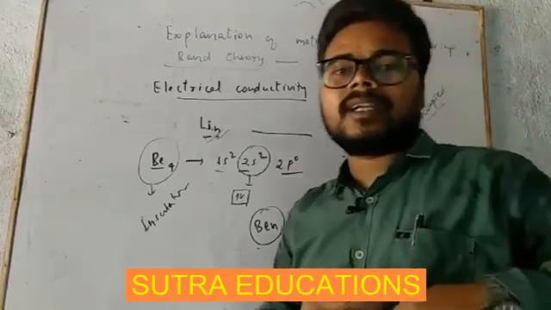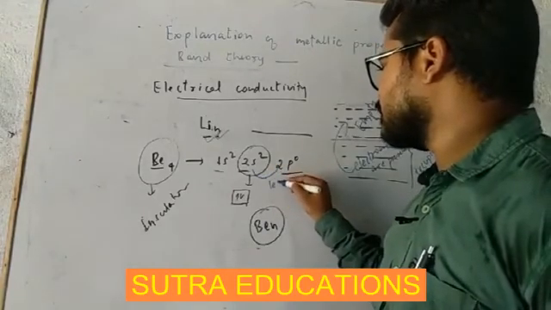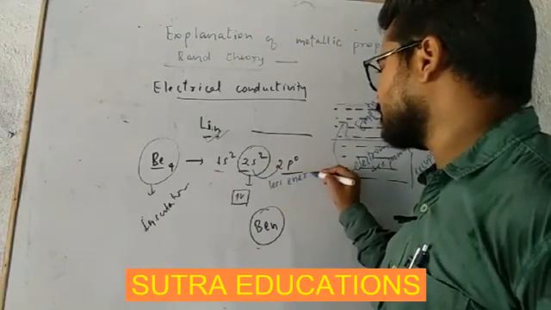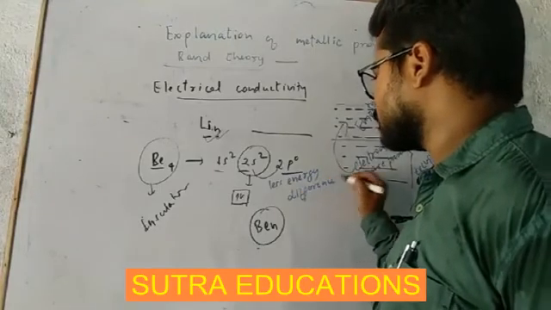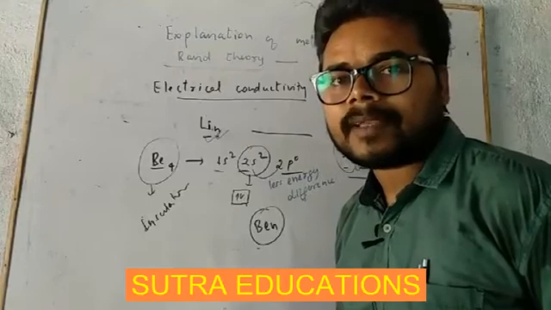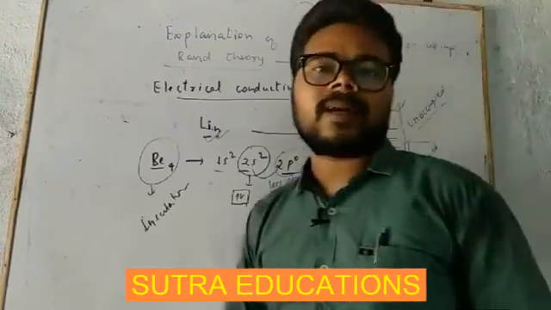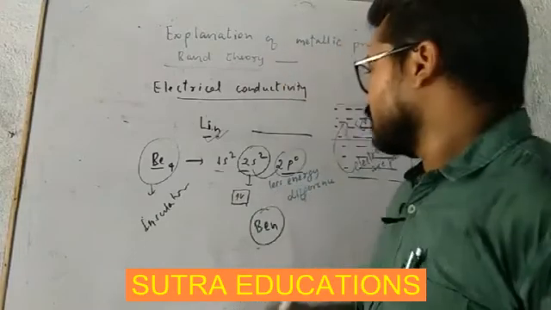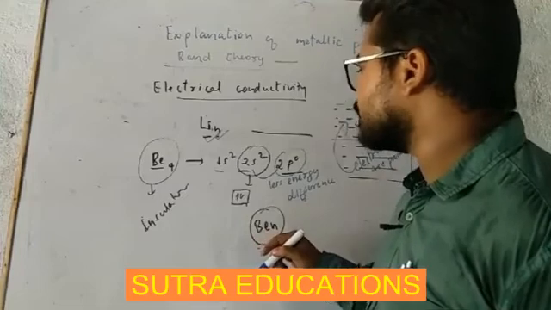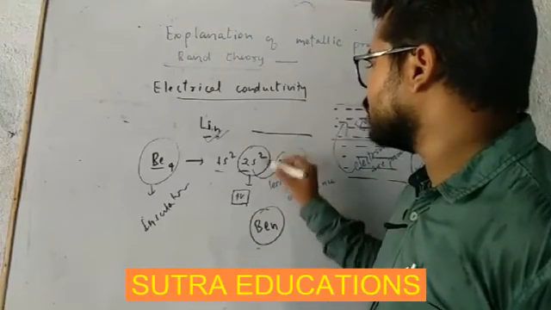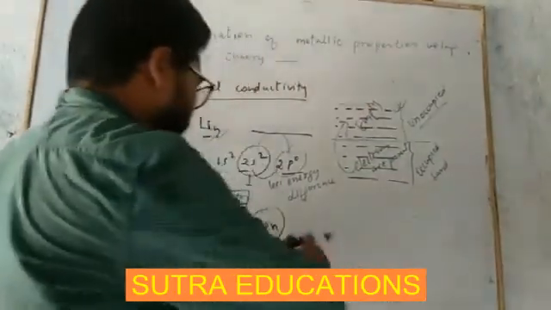But you have studied that the energy difference between 2s and 2p is very small. Since this 2p is vacant, electrons from 2s jump to the 2p orbital like this.